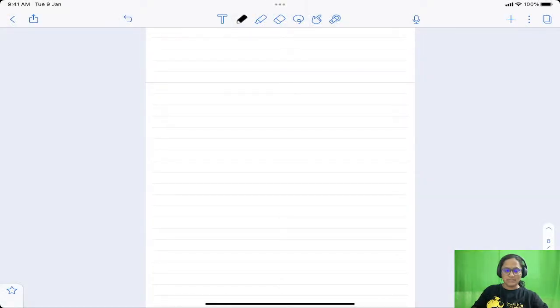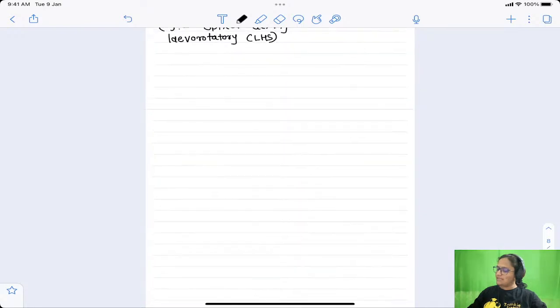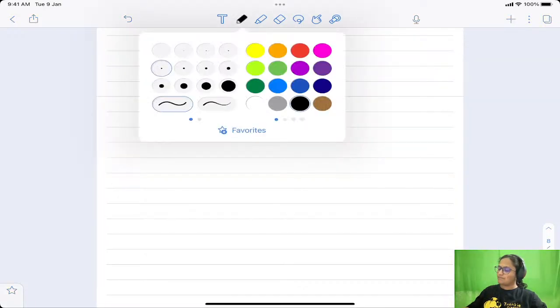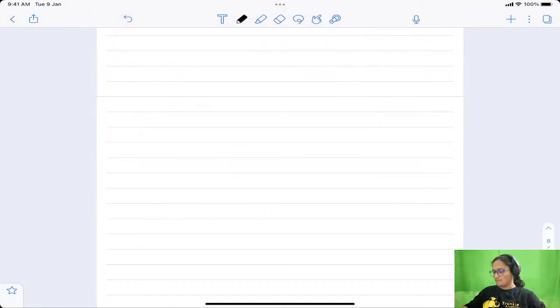Today we are going to discuss the next topic from the chapter Atoms and Molecules, which we have started this week. So let me write down the title for the topic. The name of the chapter is Atoms and Molecules.